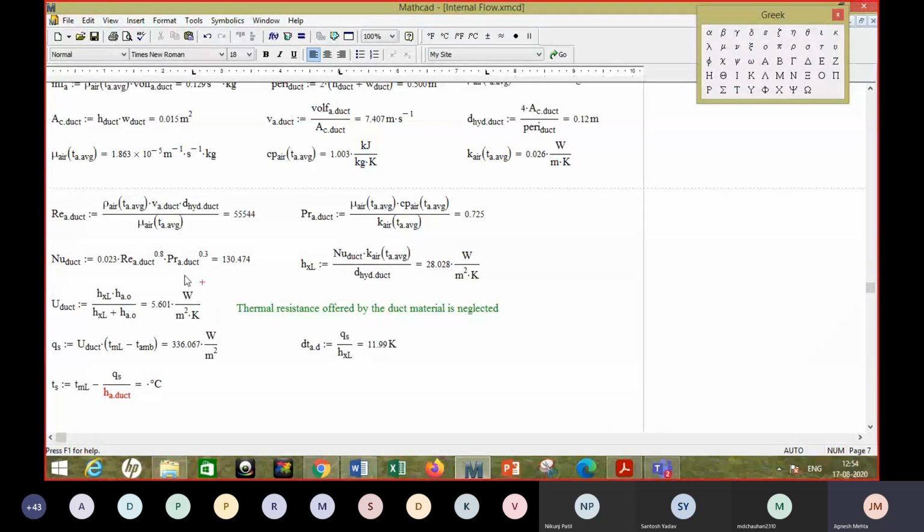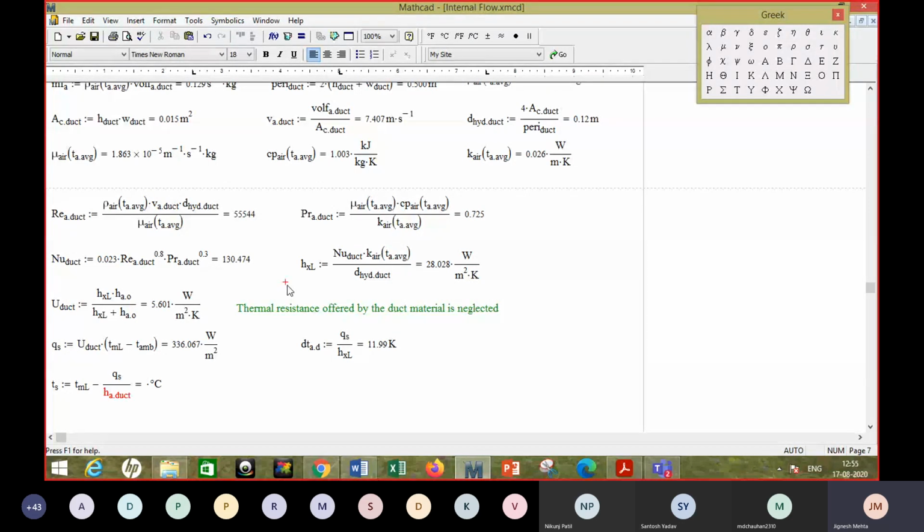So the fluid is being cooled, so the exponent of the Prandtl number is 0.3. You get the Nusselt number somewhere around 130, and you get the heat transfer coefficient at this cross section.